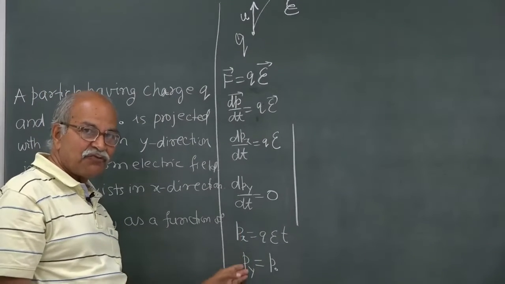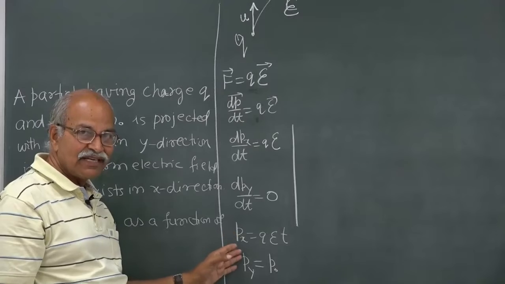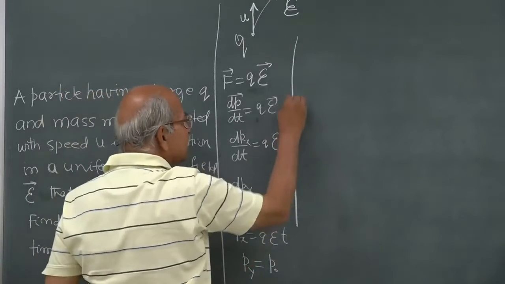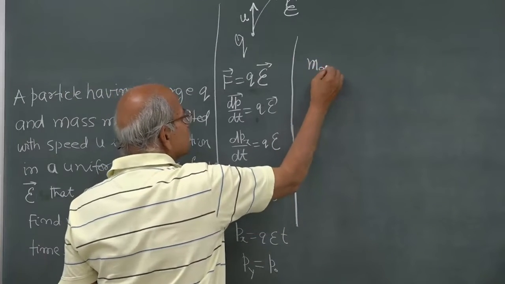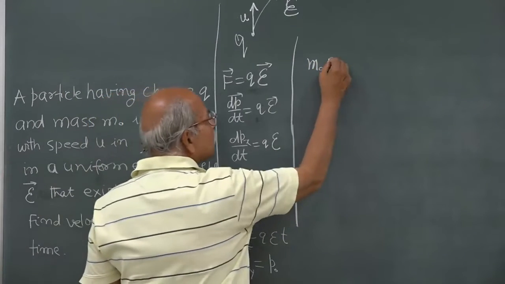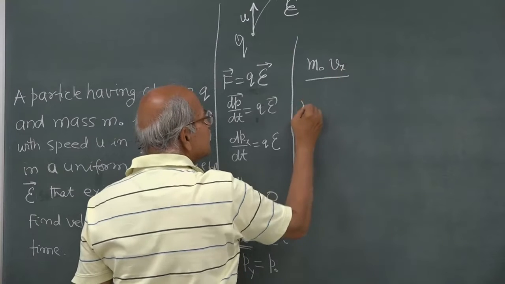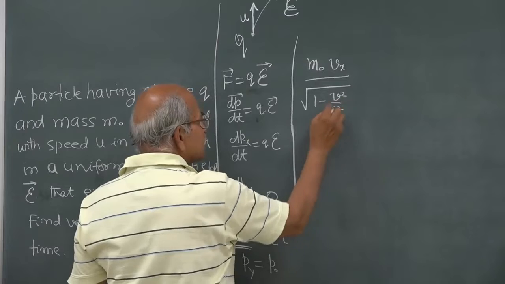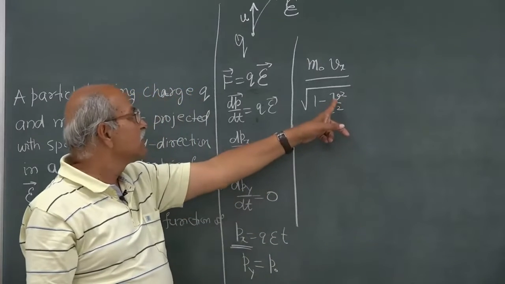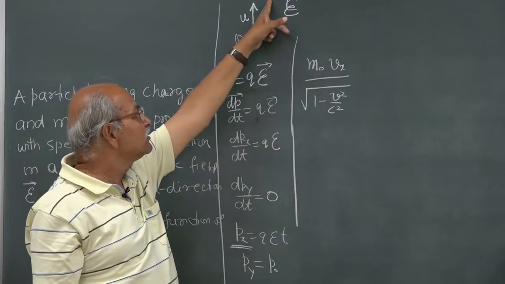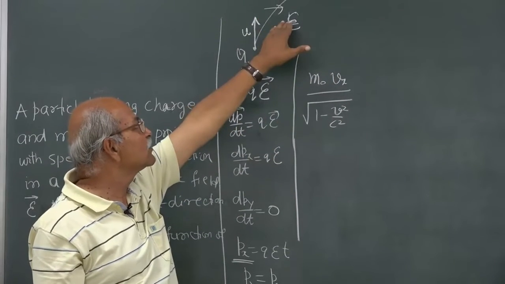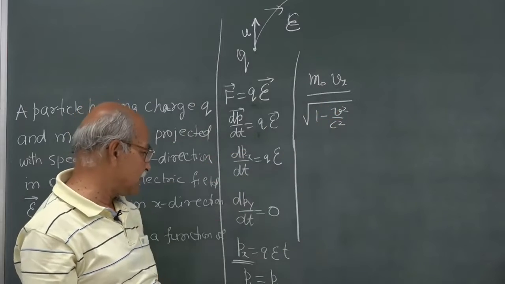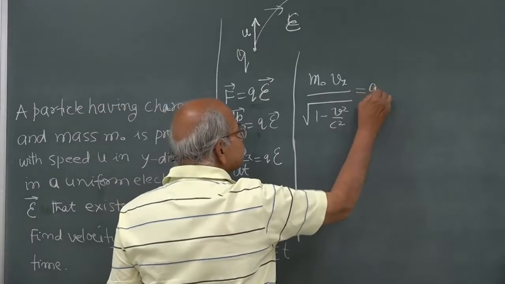From here we can try to find velocity components vx and vy, but it is not going to be easy, because when you write this, px will be m naught vx divided by square root of 1 minus v square by c square. Remember, this v is the speed of the particle, whereas this vx is only the x component. So, that gets involved here. This is vx square plus vy square, and that is equal to qEt.